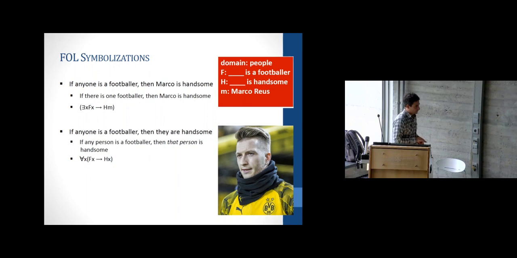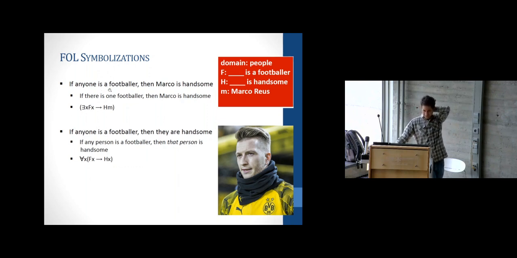You write down like this: for all x, if x is a footballer, then x is handsome. Okay, so English is a bit confusing because we started in both cases with if anyone is a footballer. This just highlights that the word anyone in English is a bit confusing.